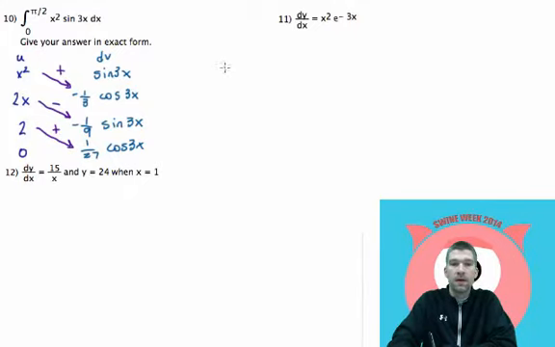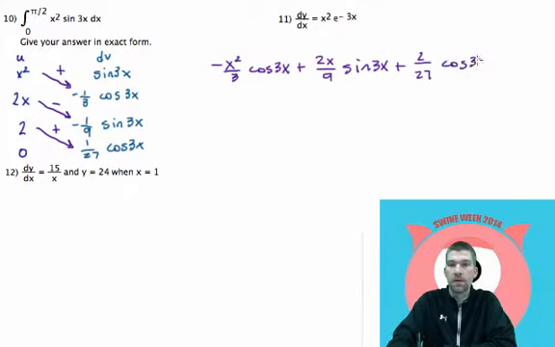And what we're going to end up with is negative x squared over 3 cosine 3x, plus 2x over 9 sine 3x, plus 2 over 27 cosine 3x, plus c, and this is what y equals, all right? Oh, that's not what y equals. This is not an initial value problem.